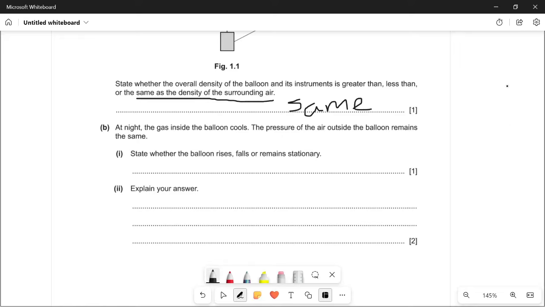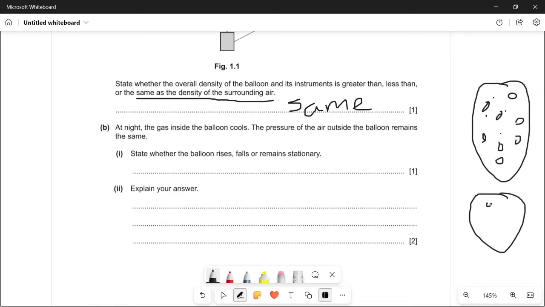So let's say this is a balloon, and there are different gas particles. If the gas inside the balloon cools, so if the temperature decreases, the gas particles are going to move less. So the volume is going to decrease. If this was at day, the balloon at night is going to be something like this.